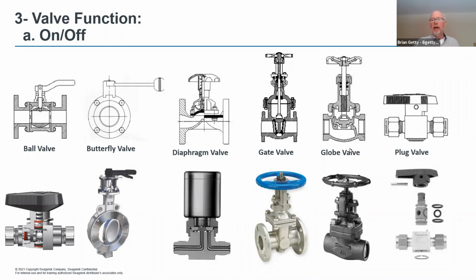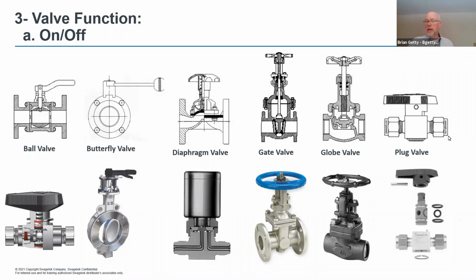Okay, to a globe valve. Globe valves, again, great valve. Open and close application. They can also be used for some regulating of flow. The problem with them is that at high pressures it's quite a noisy valve. To plug valves, great valve, very economical again.